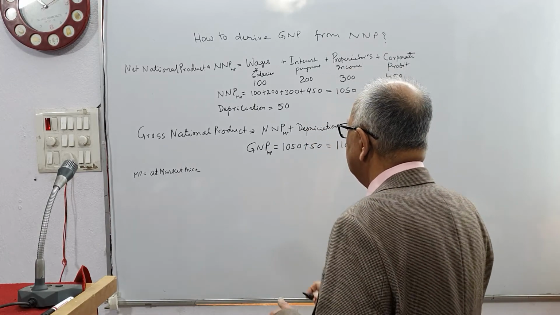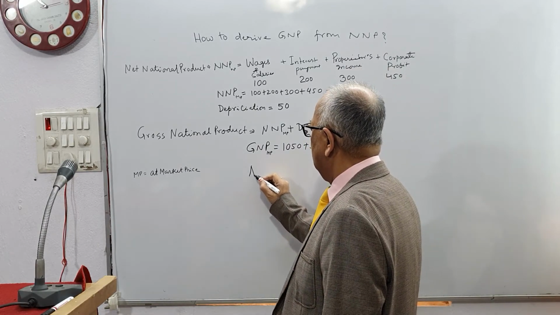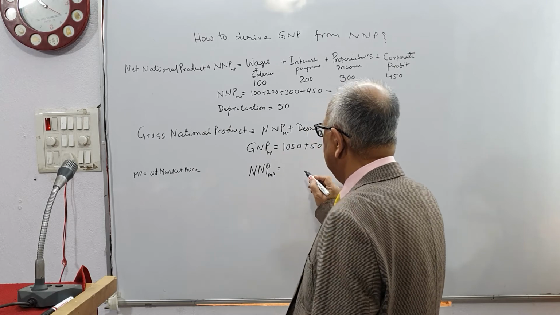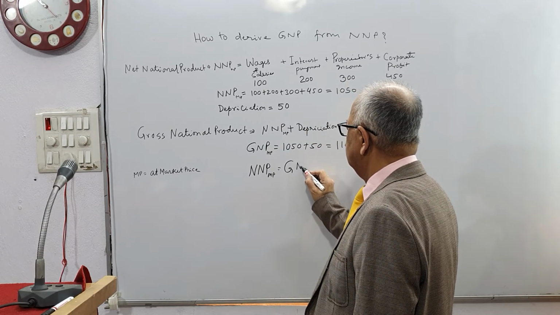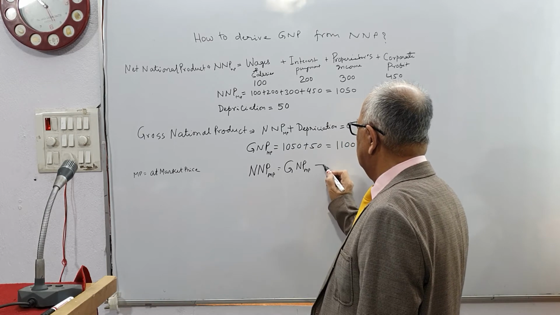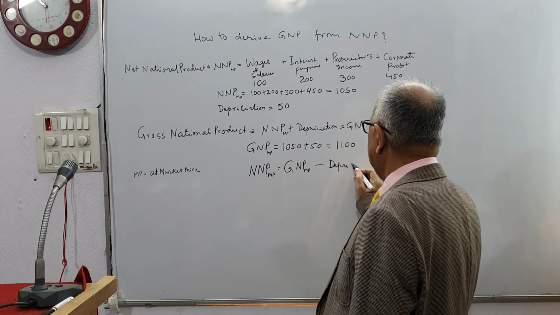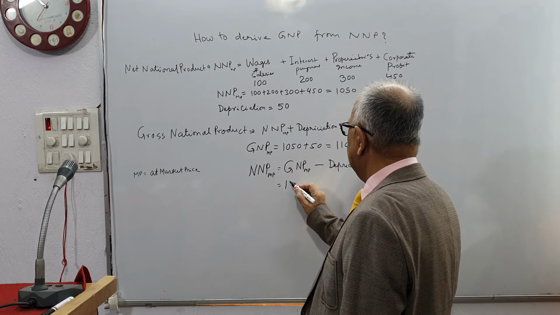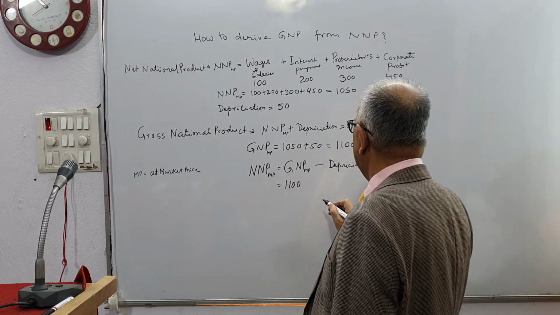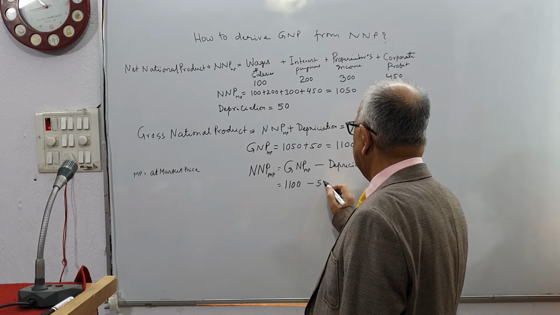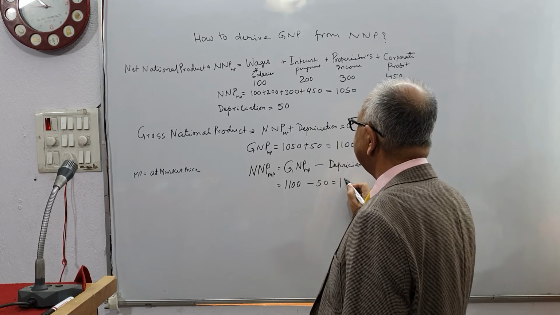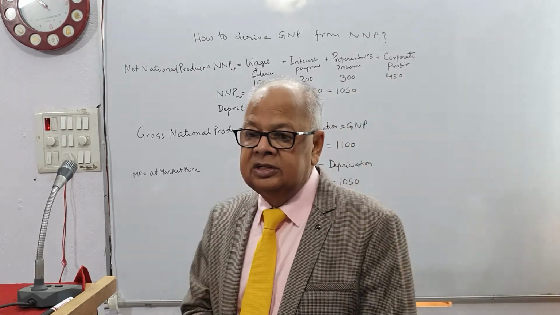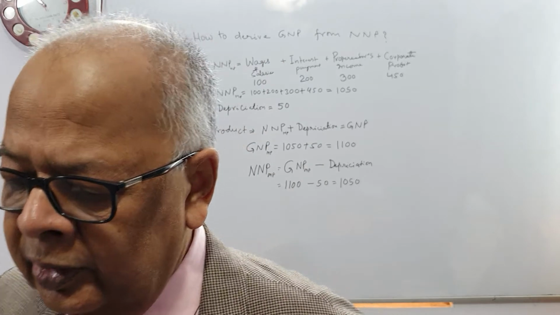Here now, we want to find NNP at market price. Then we will utilize this: GNP at market price minus depreciation. It means here we will write 1100 minus depreciation, which is 50, so 1050.